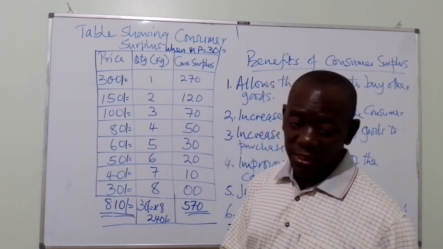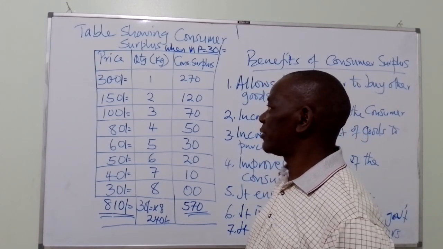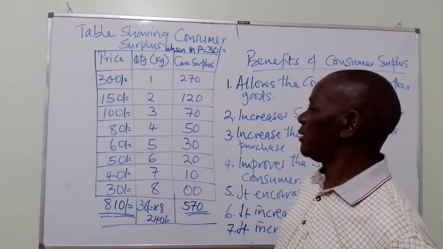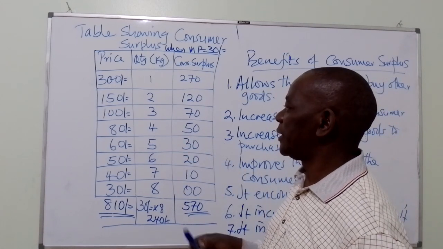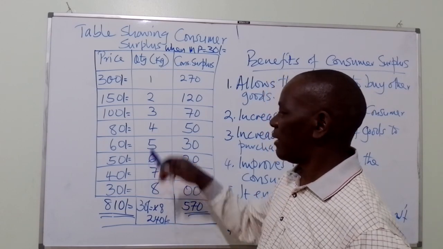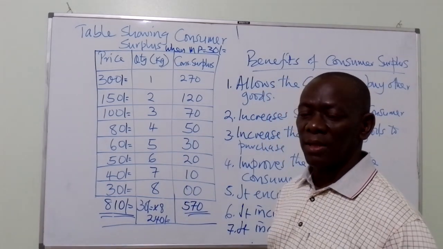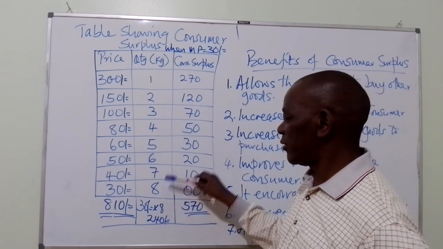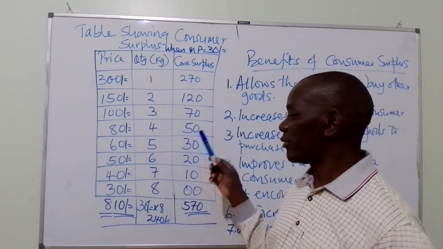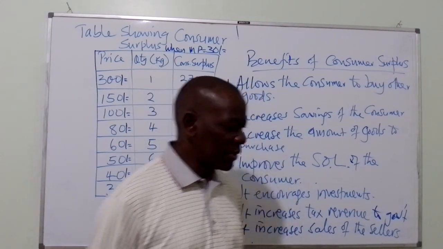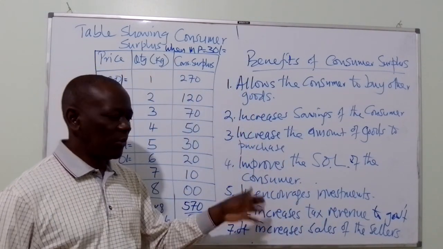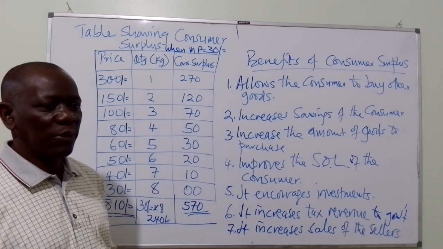We started by defining it. You know now what the definition is. From the definition, we illustrated it using a diagram, which you have already seen, and you have also illustrated it using figures. That is the mathematical representation of a consumer surplus, meaning that in any form of exam that may come, whether you are told to illustrate, you know.